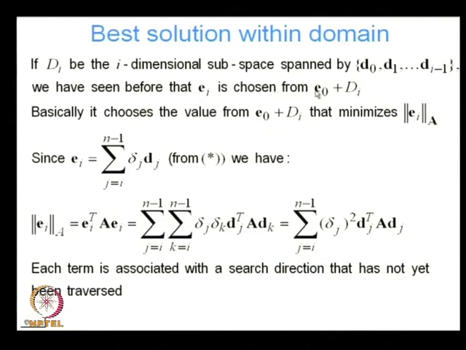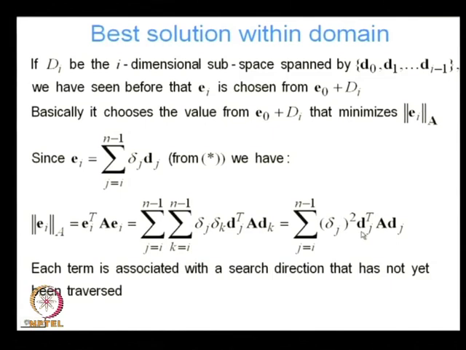e_i is chosen from e_0 plus D_i. D_i has all these components d_0, d_1, up to d_(i minus 1). But eventually we see that e_i does not have any components in d_0, d_1, up to d_(i minus 1). It has got only components in the basis from i to n minus 1.